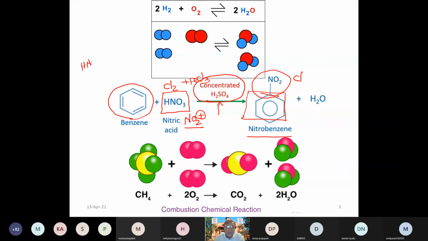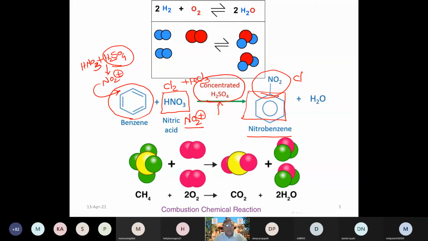HNO3 reacts with sulfuric acid and we will get NO2 plus, and then NO2 plus will react with benzene. After completion of the reaction, again H2SO4 will be available in its original form. That's why it is known as a catalyst for the reaction.